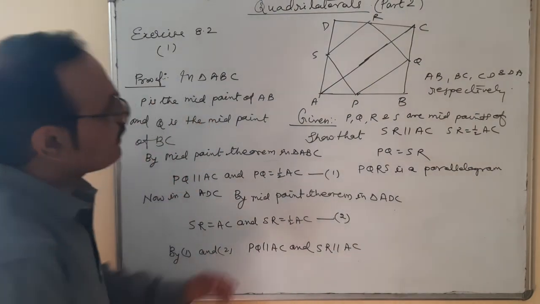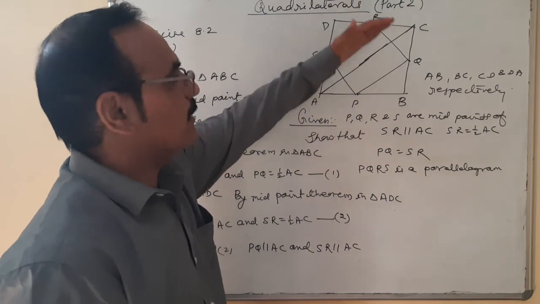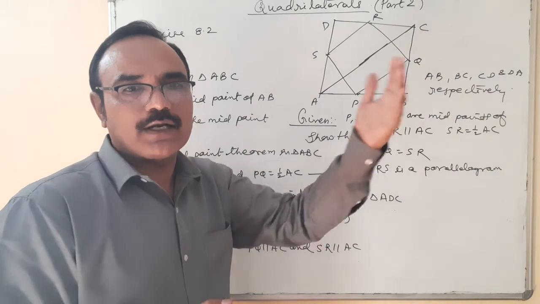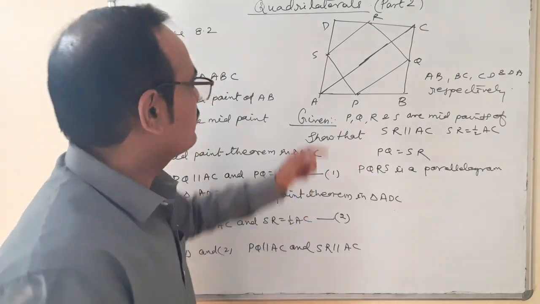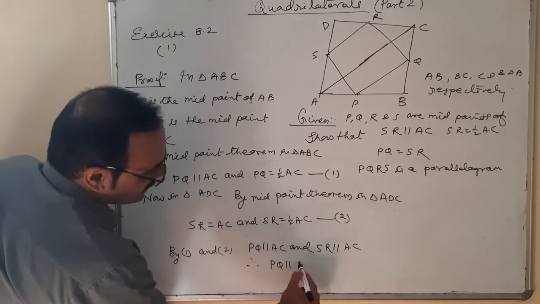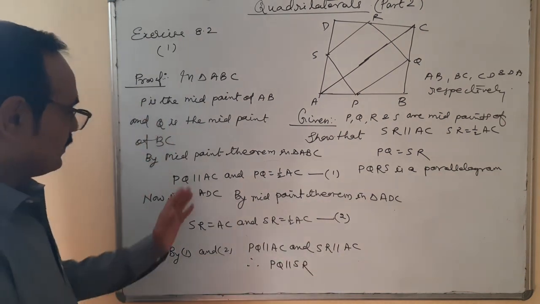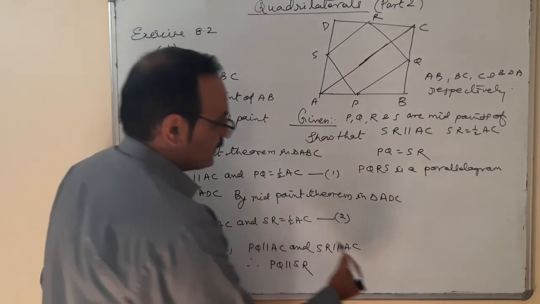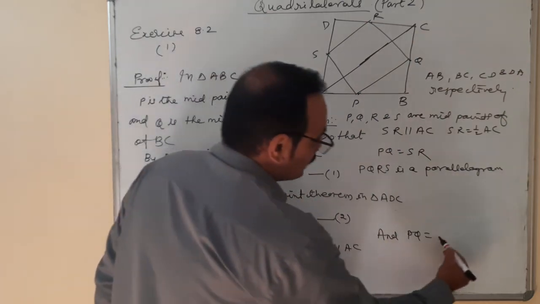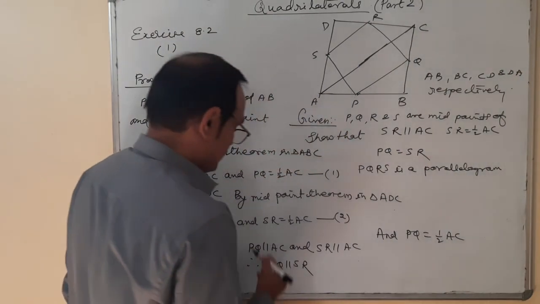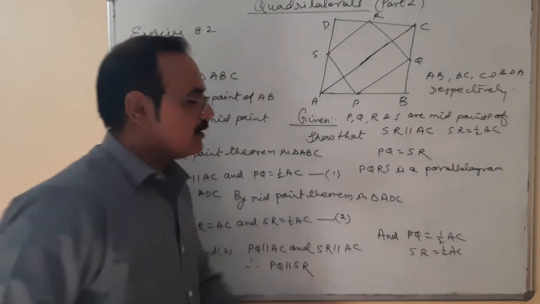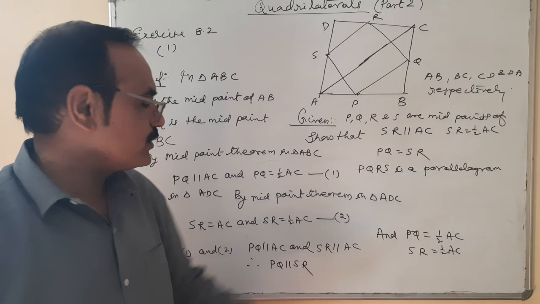Two lines which are parallel to a third line must be parallel to each other, so PQ is parallel to SR. Second part: PQ is equal to 1 upon 2 AC and SR is equal to 1 upon 2 AC. Half AC cancels, so PQ is equal to SR.